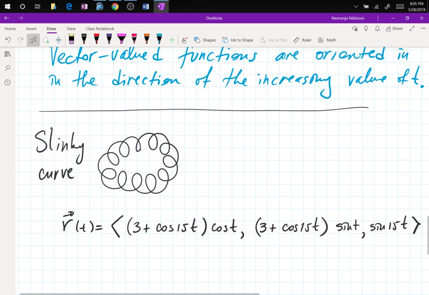And if you are to graph this, you will get the image in the middle. In the image in the middle, you see that it's like a helix that is bent into a donut, mathematically called a torus.